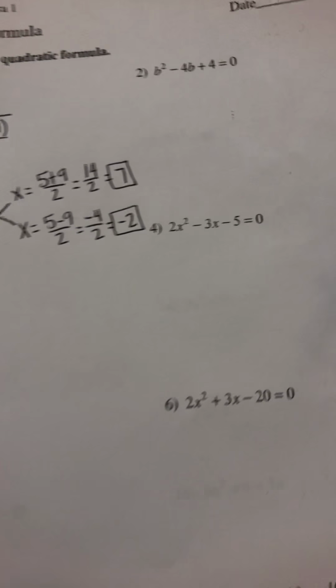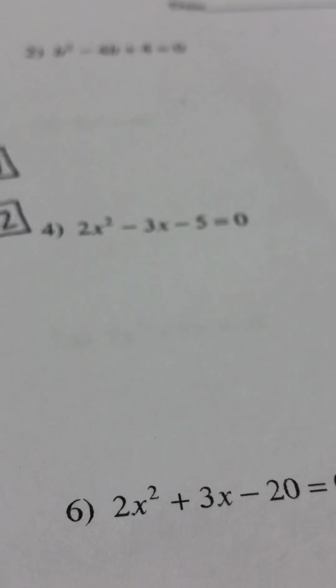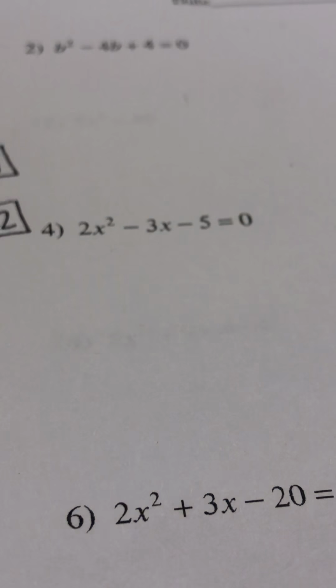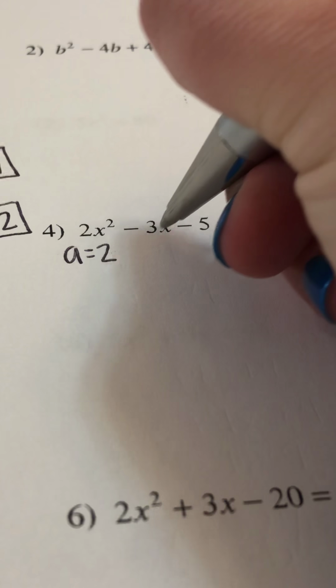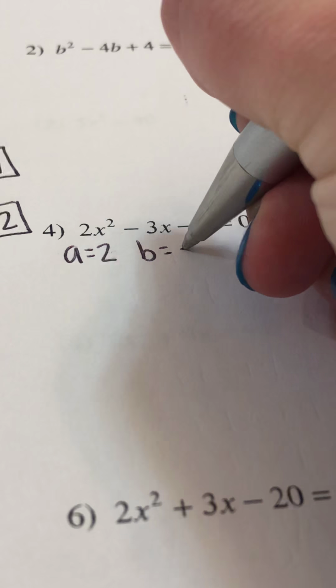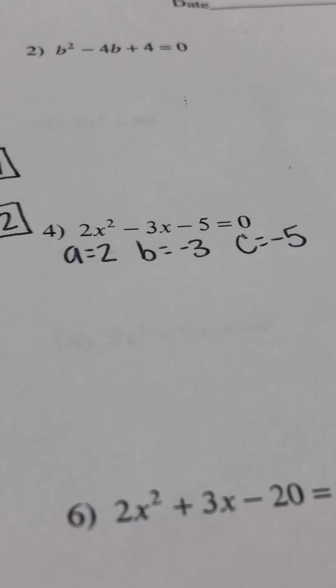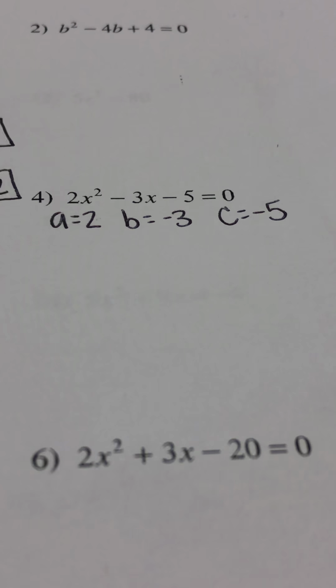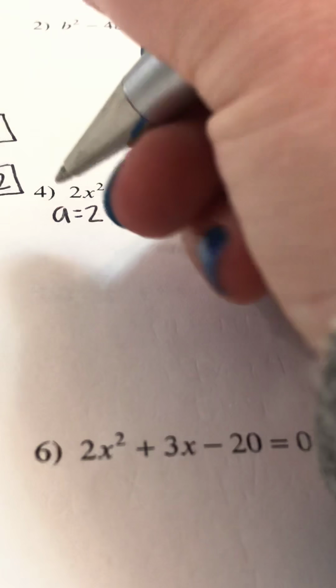Okay, now we're going to do number 4. All right, with number 4, let me get situated here. A equals 2, B equals negative 3, C equals negative 5. We're going to substitute into the quadratic formula.